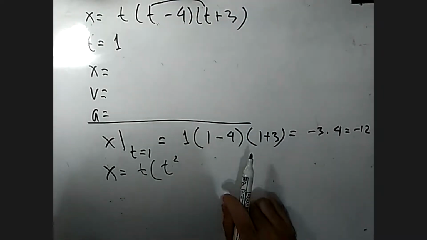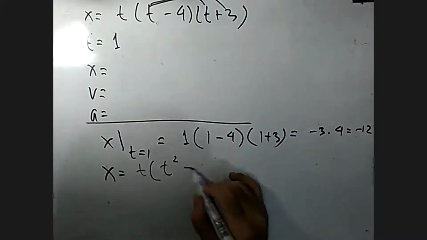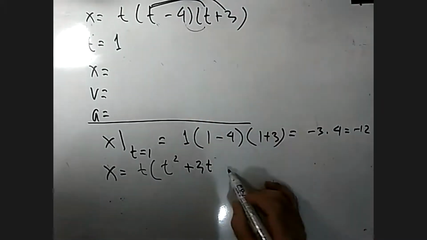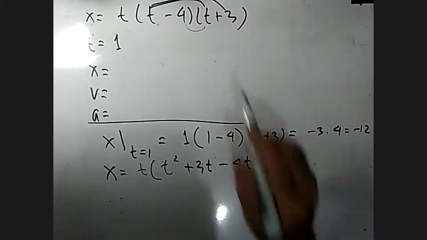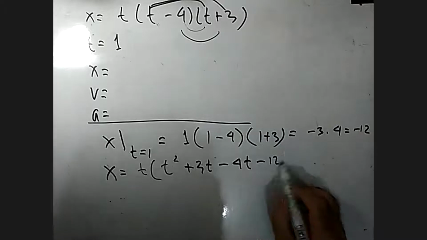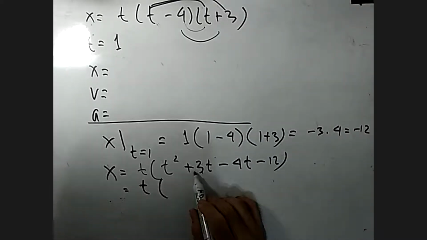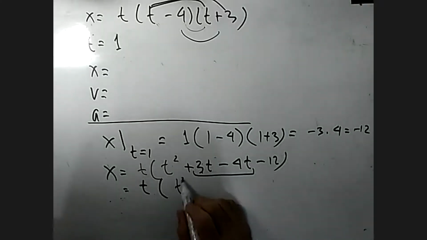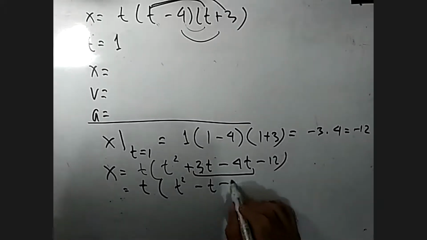And then? T square plus 3t. Then minus 4t. Then minus 12. Let's put this together. T square minus 1t, minus 12.